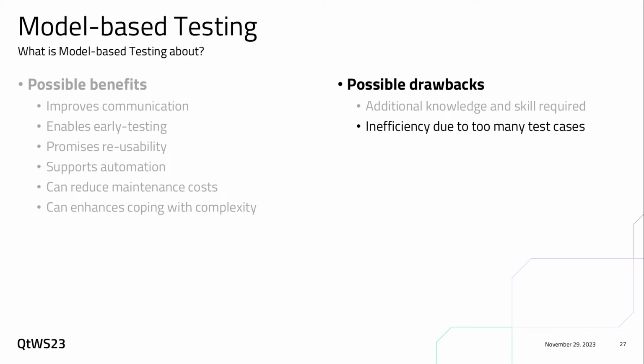And this sheer amount can explode. And you're close to the release, and you're supposed to run 1 million tests. I mean, DevOps won't be that happy to hear that. So, one major drawback is the inefficiency due to too many test cases.